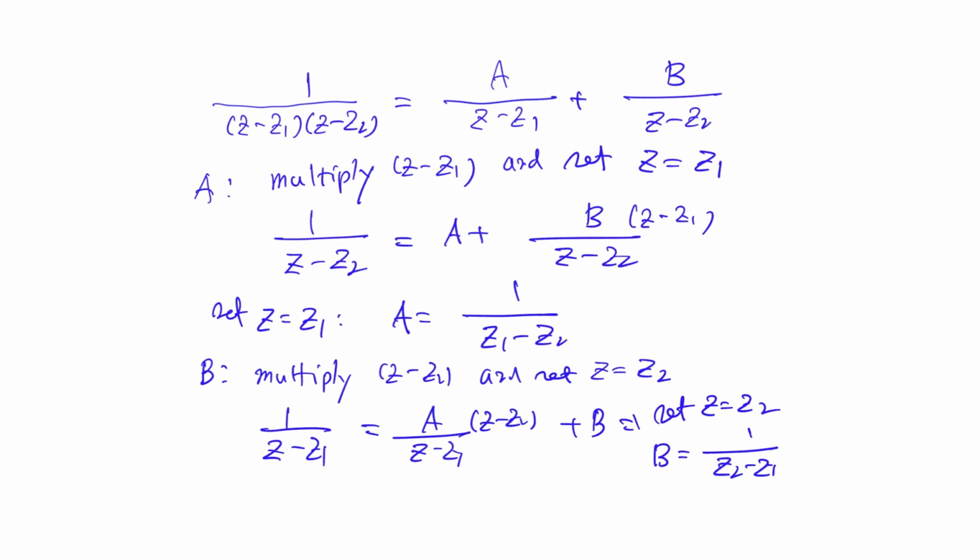Therefore, B is 1 over (z2 − z1). Right. A is 1 over (z1 − z2), B is 1 over (z2 − z1).